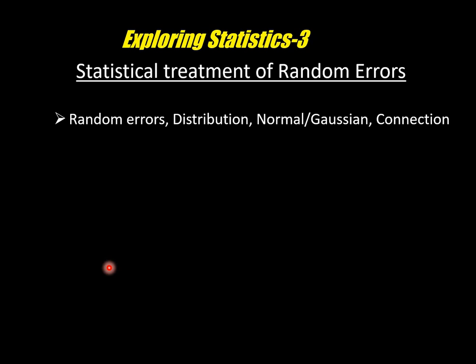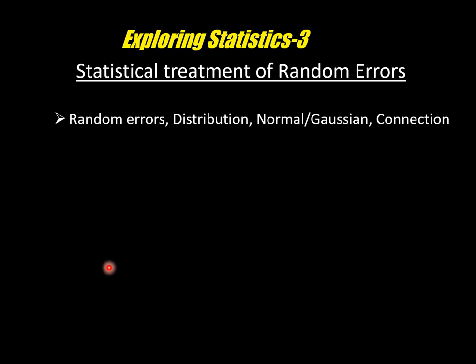That particular error divided by the total number of accumulated errors is the relative frequency. And if we plot this relative frequency, we will get a distribution. We have also discussed a very famous and popular distribution called normal or Gaussian distribution.